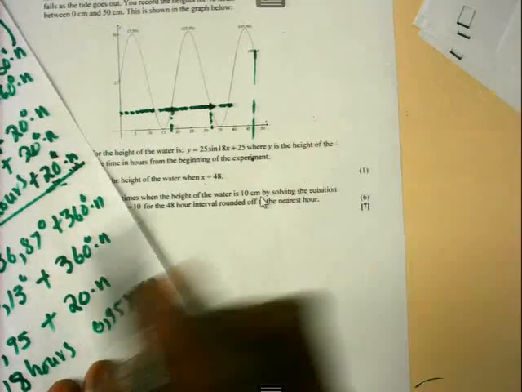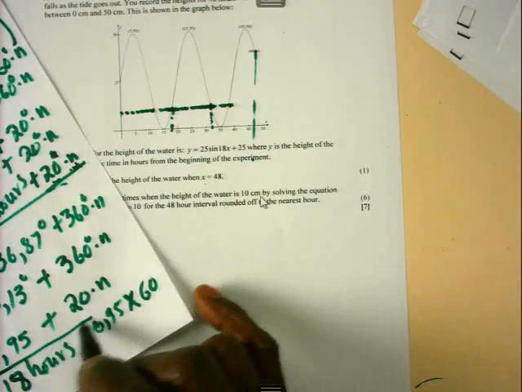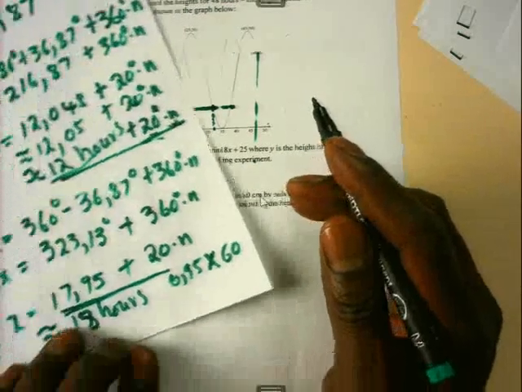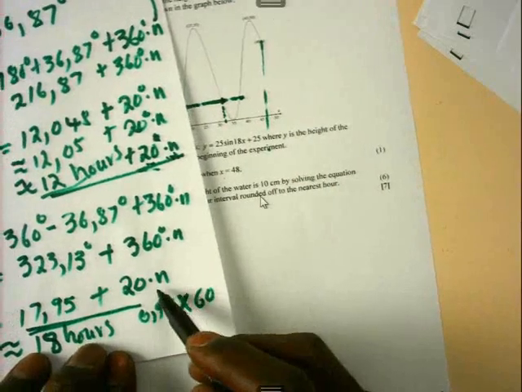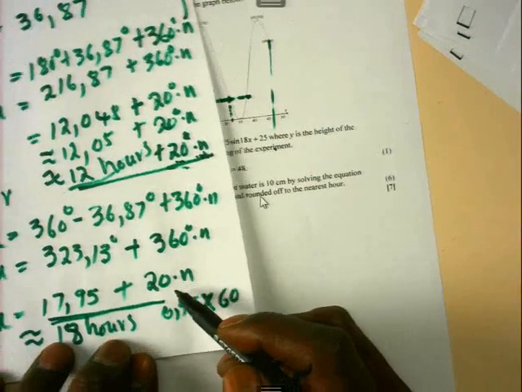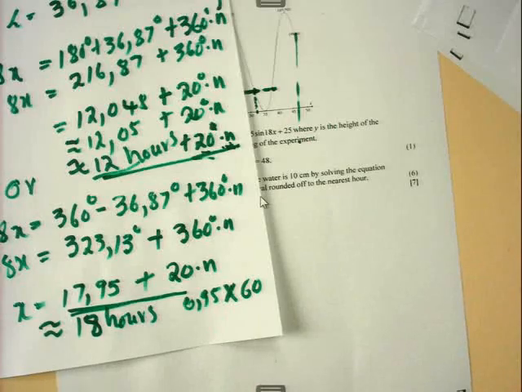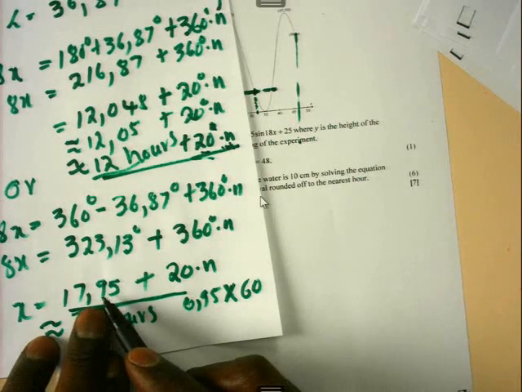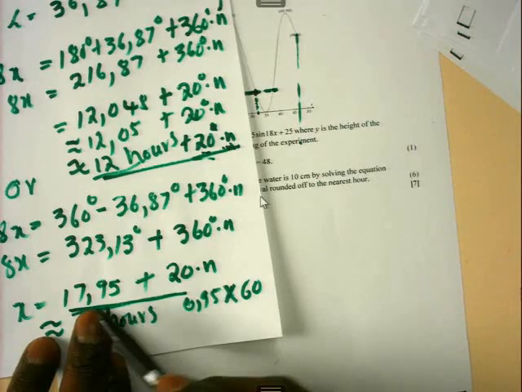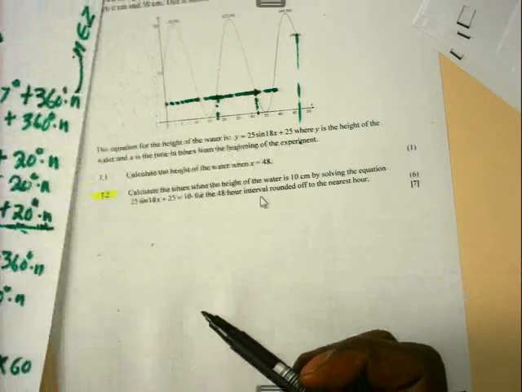But now let's look at our 17.95. If we substitute n by 1, 20 times 1, that will be 20. So we said this will be approximately 18. So 20 plus 18, that will be 38.